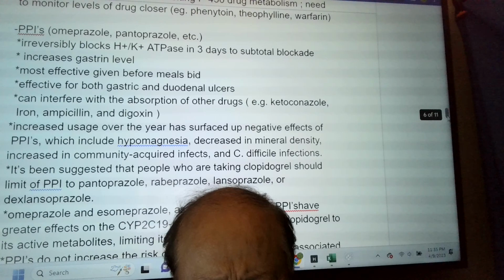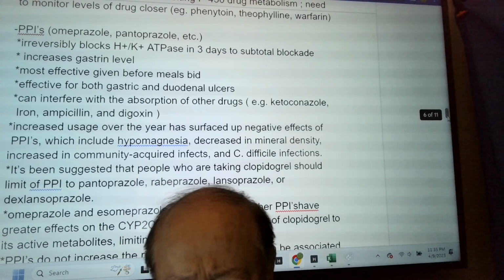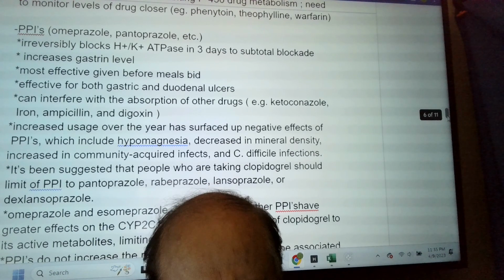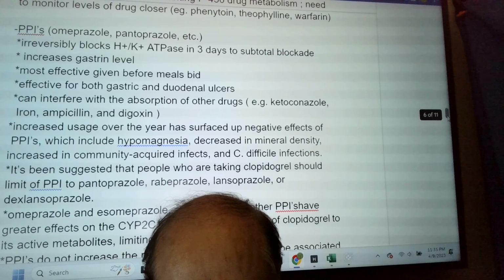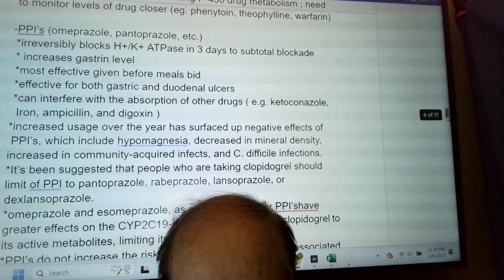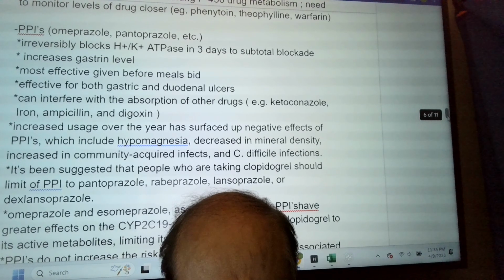It's been suggested that people who take clopidogrel should limit PPI to pantoprazole, rabeprazole, lansoprazole, or dexlansoprazole.